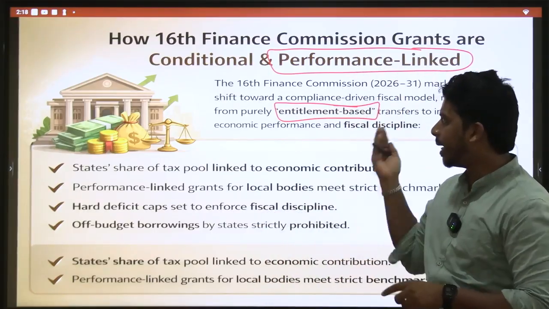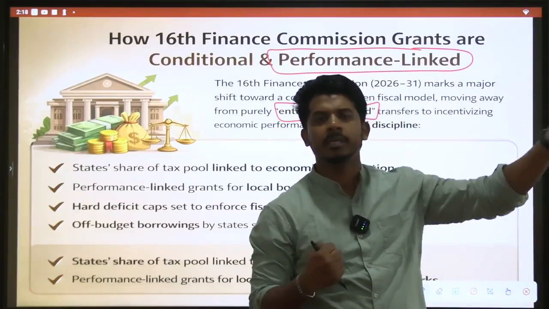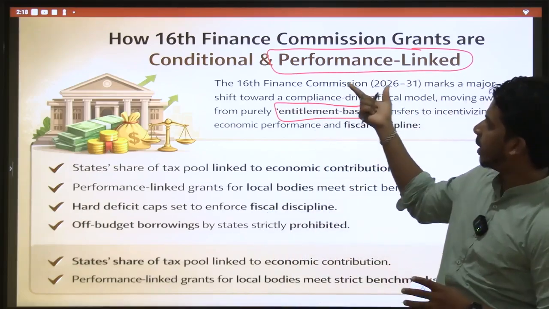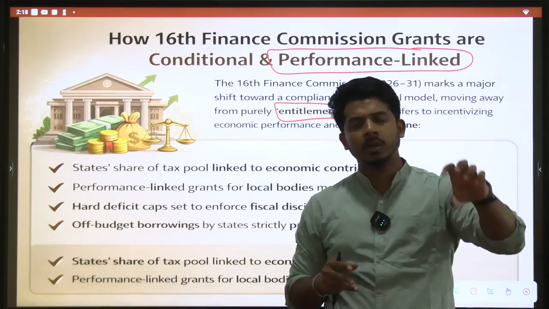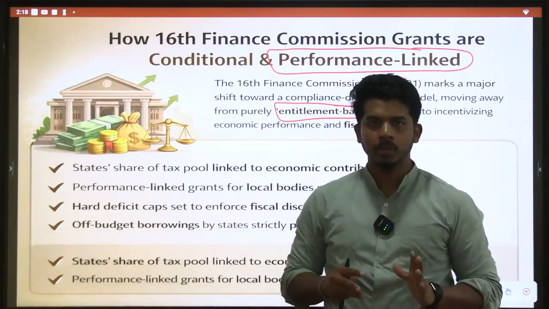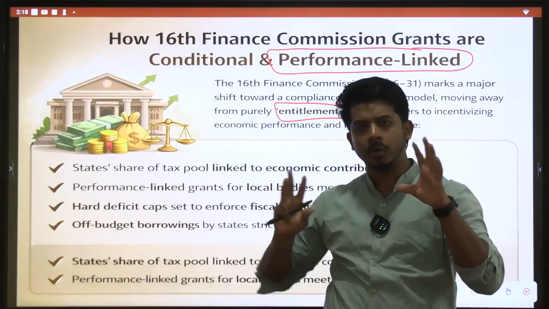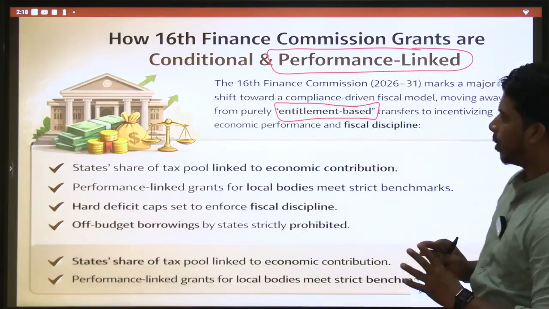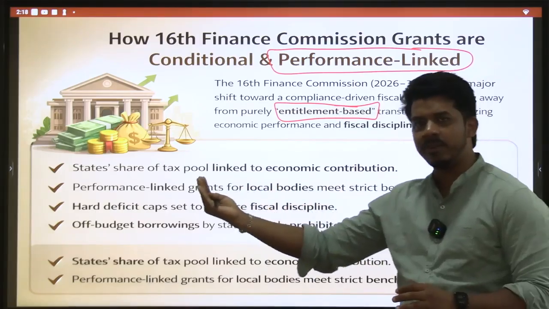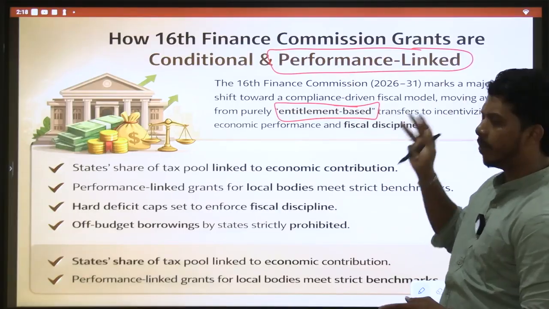If it is entitlement-based, it is my right to get that share of the tax. But if it is performance-linked and conditional, it is linked to the conditions and performance targets set by the union. So this is a debate about federalism, federal issues, GS paper 2 of India. You can see we are slowly moving away from entitlement-based to conditional and performance-linked.